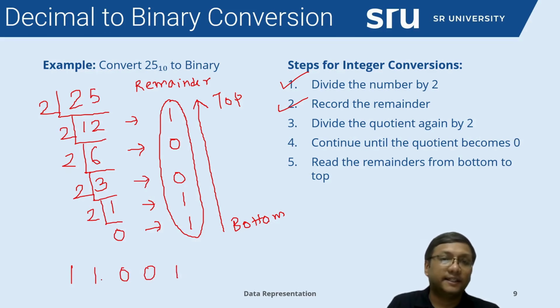This number is a binary number, and please don't forget to mention its base. So you need to write the base is 2. In this way we can convert a decimal integer to a binary integer.